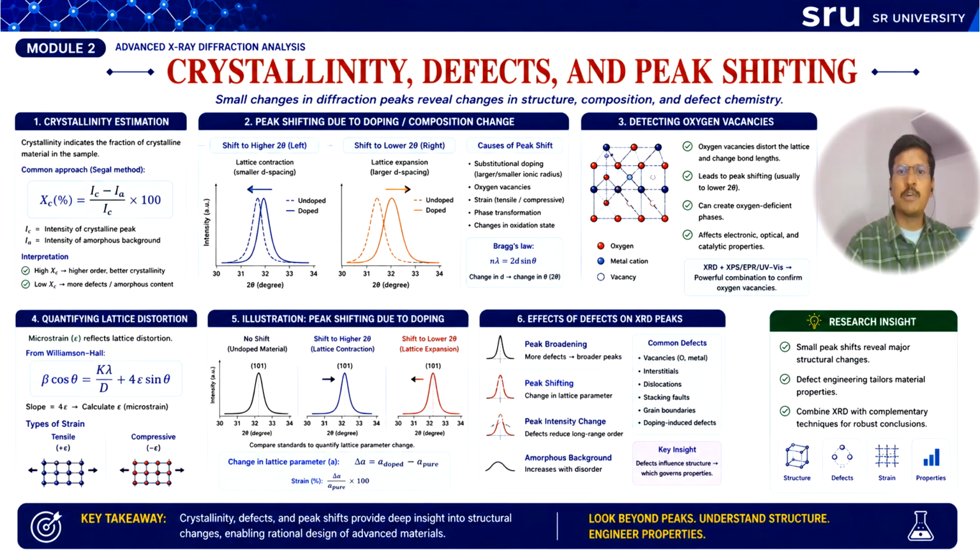Next, let us discuss the lattice distortion and strain induced in the sample. Lattice strain causes variation in the d-spacing throughout the crystal. This results in peak broadening and slight peak shifting, and microstrain can originate from distortions or dislocations of the lattice atoms.